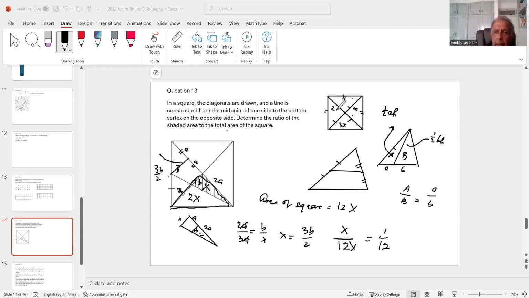So we should be able to work out the area of the whole square in terms of a, because this is 2a, so all these diagonals will be 2a. By Pythagoras, this is the square root of 4a squared plus 4a squared, which is 8a squared. And therefore the area of the square is 8a squared.